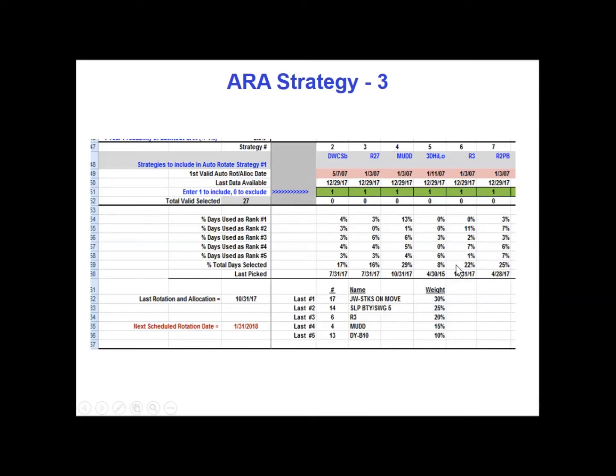And what you can find out, and you'll see, like this one here. In this case, it never got picked number 1, got picked number 2 11% of the days, and the rest of the time it got picked kind of regular. This one here hardly ever got picked. So maybe I don't use that one.